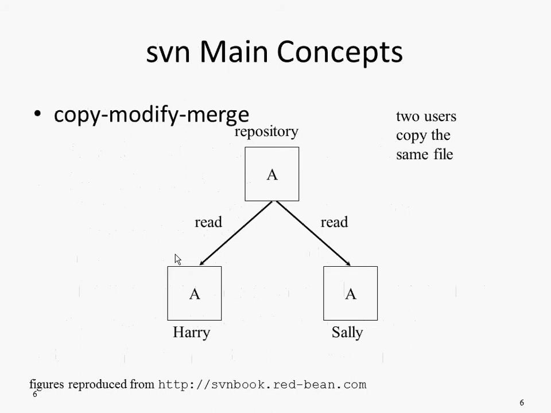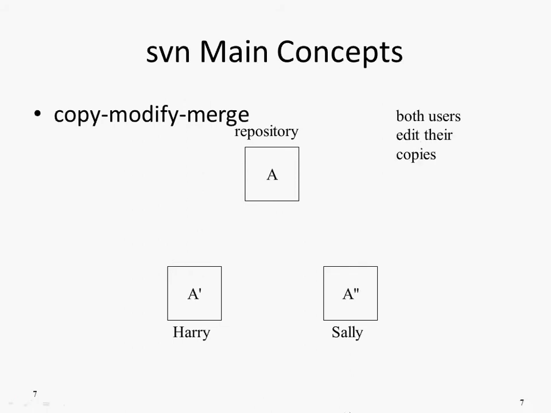So perhaps there's a file, integer.c, and Harry and Sally both get copies of this, and they want to modify it in different ways. Maybe one wants to do internationalization-related things, or tweak the user interface side of it, and the other wants to change some of the deeper logic.